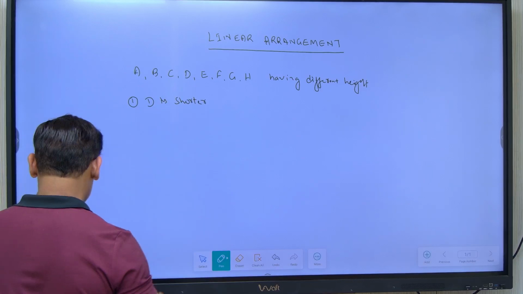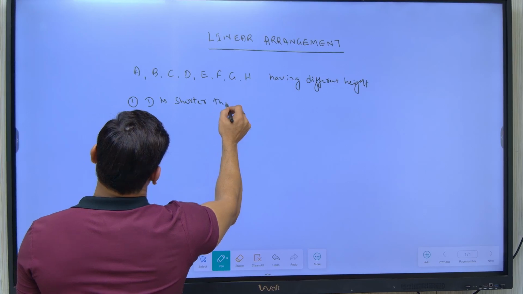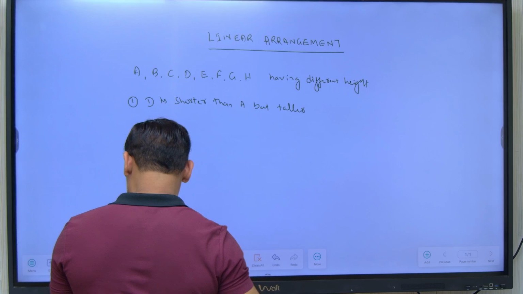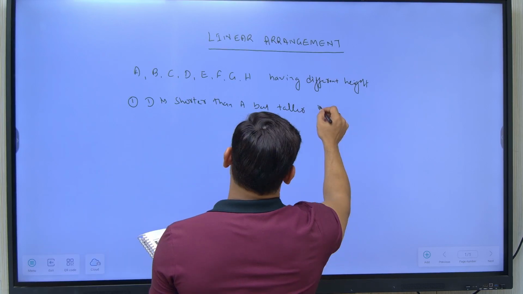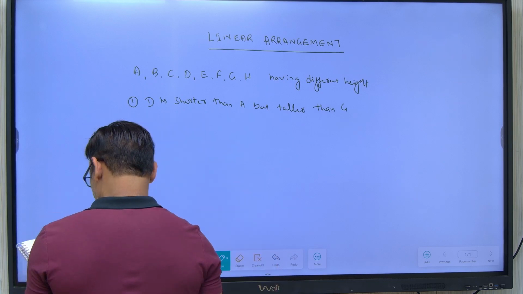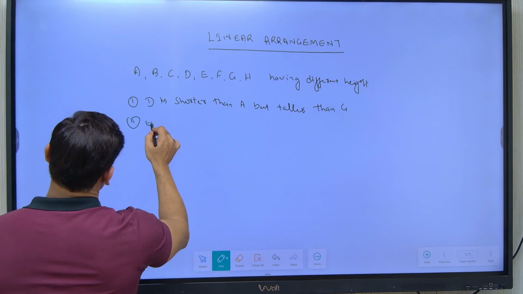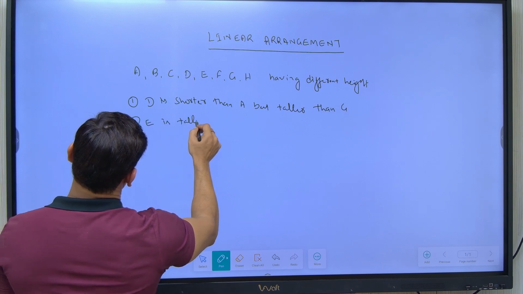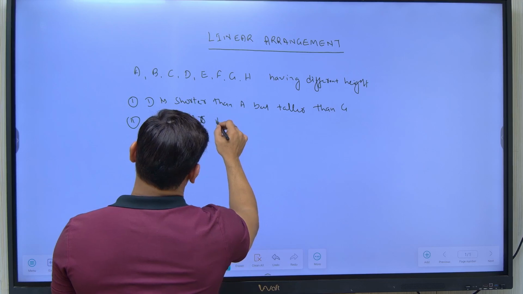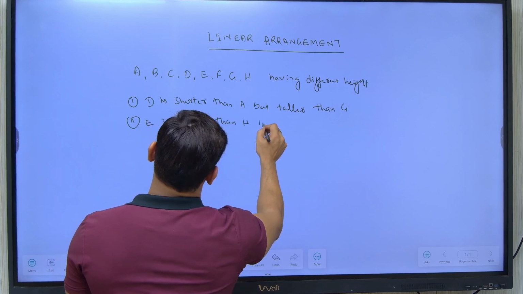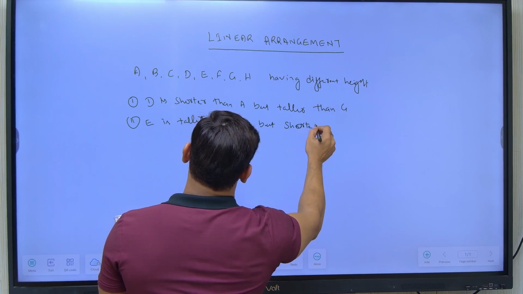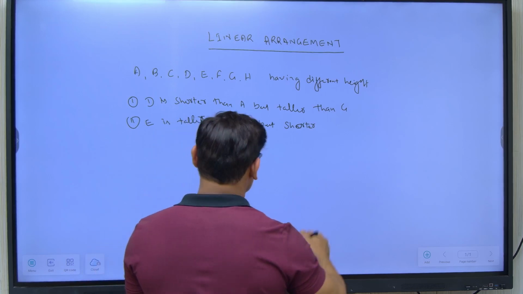E is shorter than A, but taller than G. Second is E is taller than H, but shorter than C.